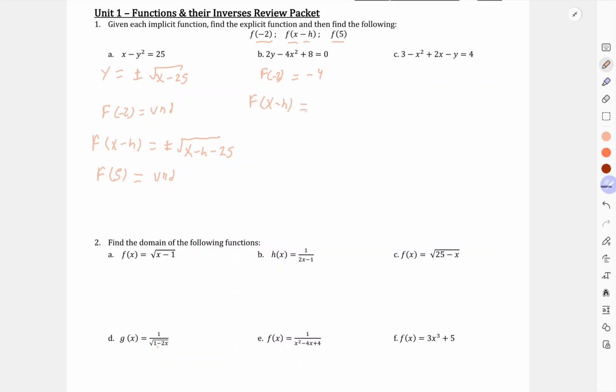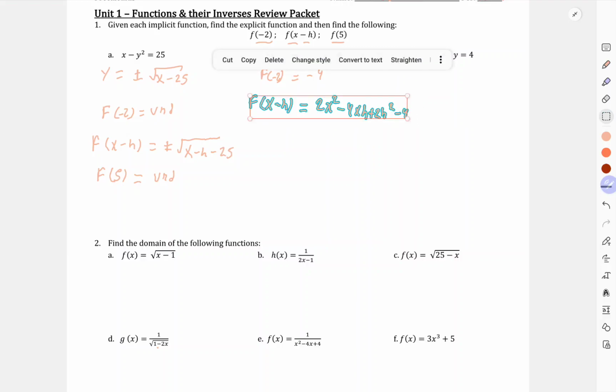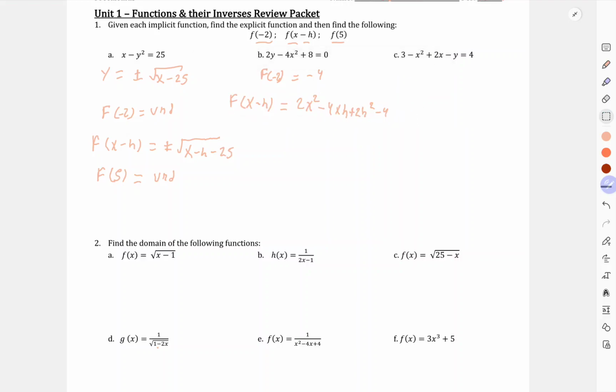So when you plug it into x, you get 2x squared minus 4xh plus 2h squared minus 4. I encourage all of you to practice this and resolve it because it's really important.